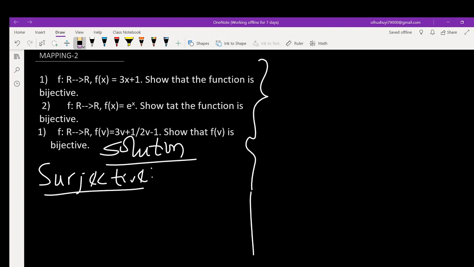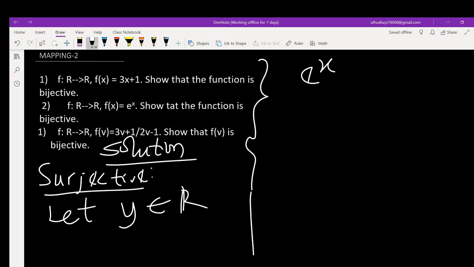Check if it is surjective. How do you confirm the surjectivity? You say let any other element, let y for example, belong to the set of real numbers. And what happens? That implies that exponential of x can be equal to y, isn't it?